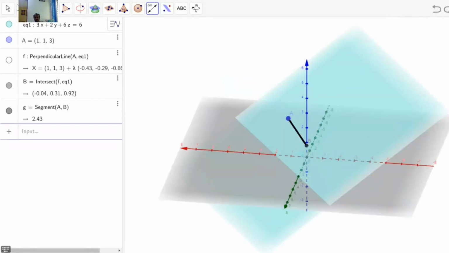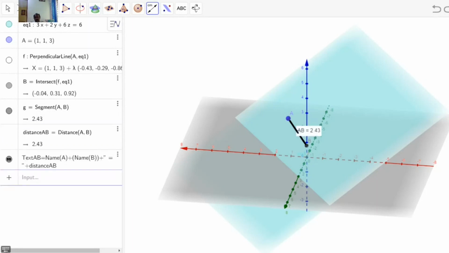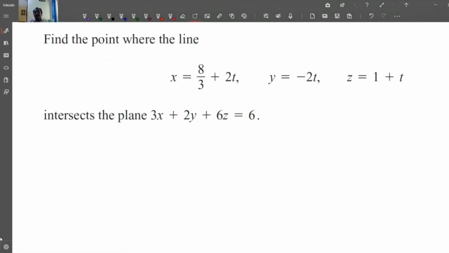Now you find the segment. So this distance AB is actually the distance between the point and the plane. You can see that it is 2.43. So distance AB is 2.43. And you know our solution was 17 by 7, so that is 2.43.